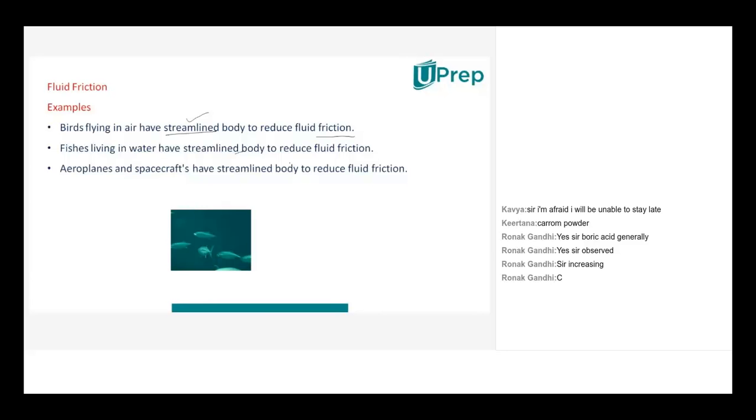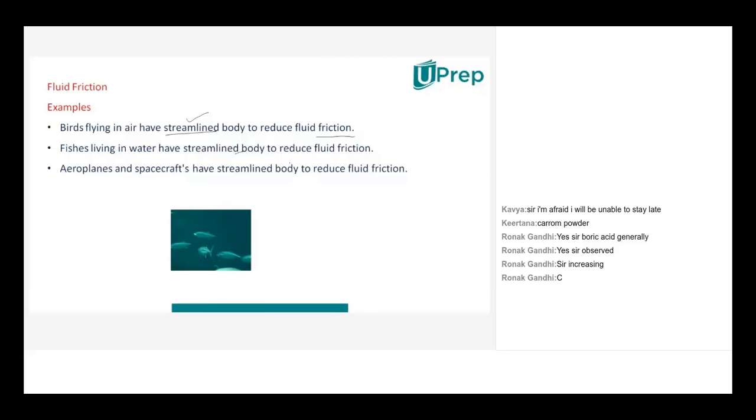Suppose you are moving on the road, where only air is there. You are moving on the road in air, and you are moving in water. On which do you feel it easier to move, air or water? Sir, in air. In water, sir, it is very hard to move.